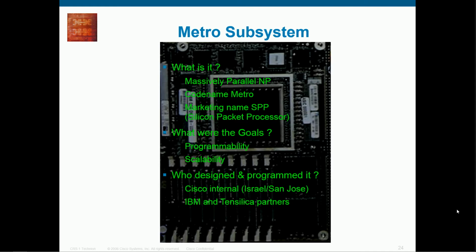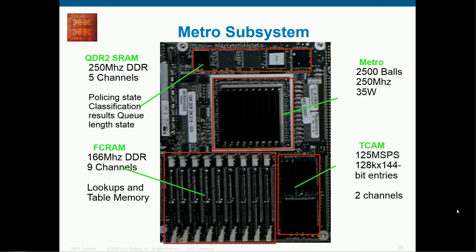That was a huge thing, it's very scalable. Another feature for our subset is our TCAMs or our CAMs. Dual channel with additional memory. We also have additional memory for our processors and other Metro subsystems.